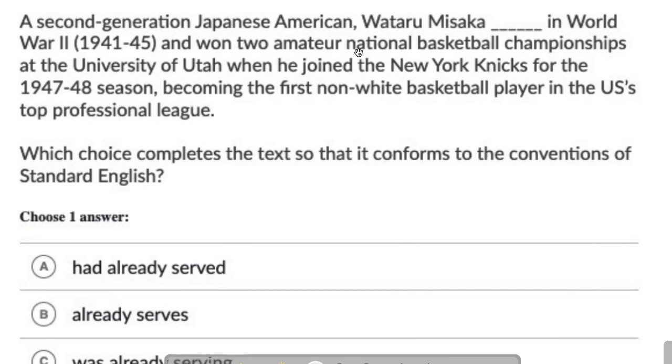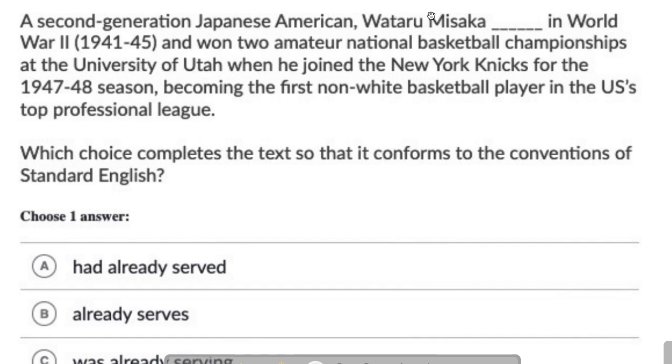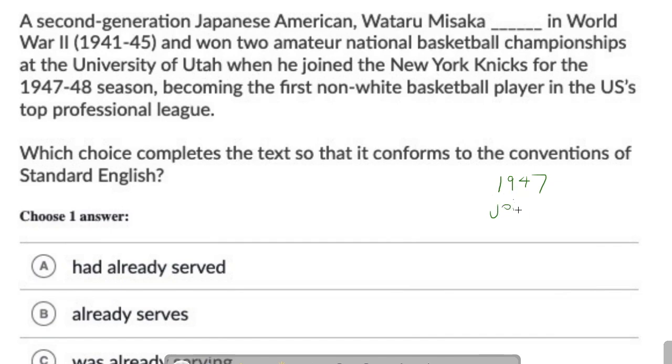A second-generation Japanese-American, W.M. blank in World War II and won 2 amateur national basketball championships when he joined the New York Knicks. Okay, so he joined the New York Knicks in 1947.